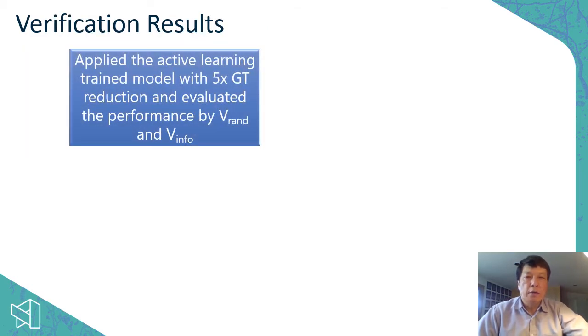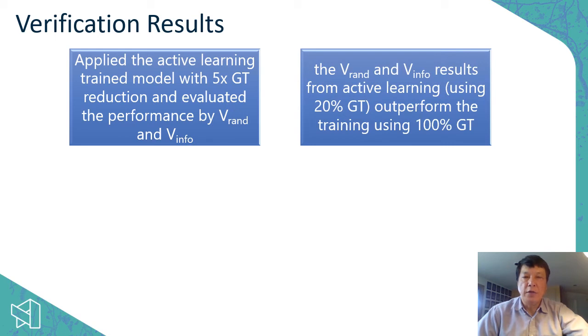We verify our deep learning active learning of about 5 times ground truth reduction, evaluated using Rand score and information theoretical score, which are standard metrics for the evaluation. We found that the results of the active learning using 20% ground truth actually outperform the training using 100% ground truth.